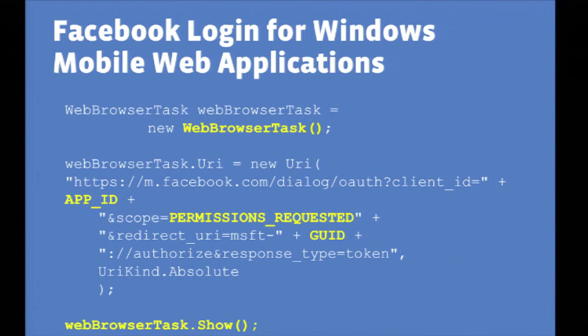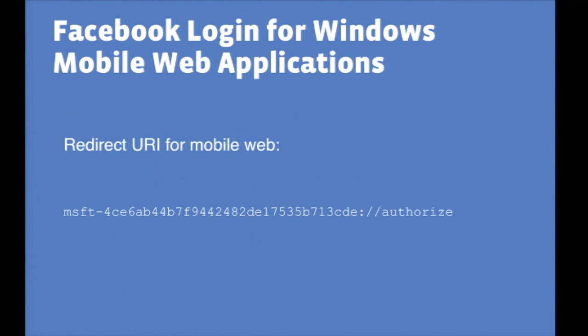So we also have, the interesting thing is a lot of people ask for just being able to launch the mobile web. So you launch mobile IE and get auth from there and then return back to your app. And we support that as a fallback as part of this as well. So everything is exactly the same here. The URL is all the same. You're just launching it in a web browser and providing the same redirect URI.